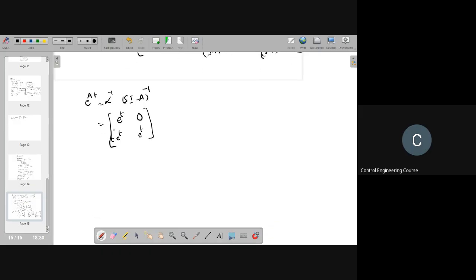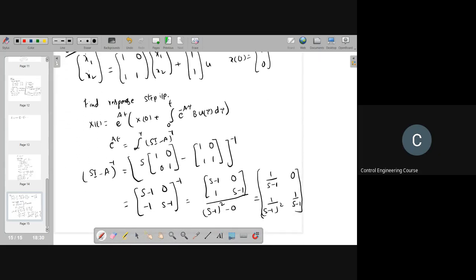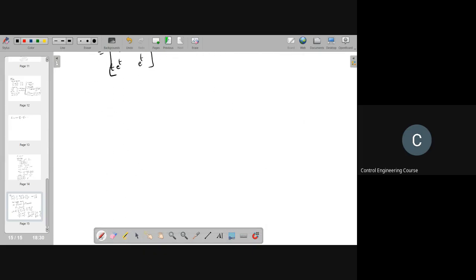Next step is we have to calculate e power minus a tau b u of tau.